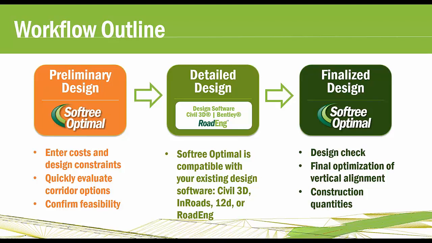Starting off with the lowest cost possibilities helps you to determine a finalized design that is also the lowest cost. An example of this would be comparing multiple horizontal alignments based on cost, or comparing the effect of different grades or different curve geometry on your construction cost.